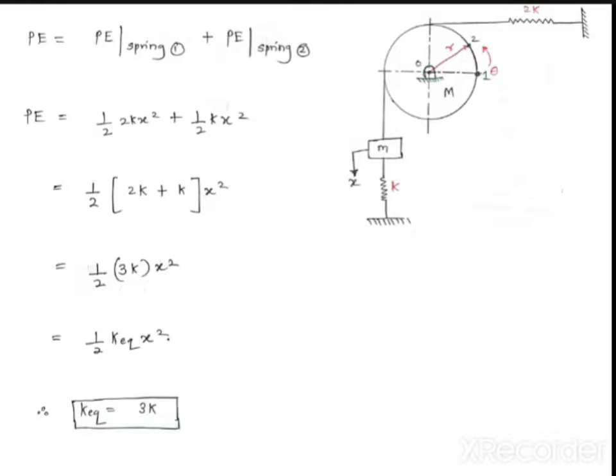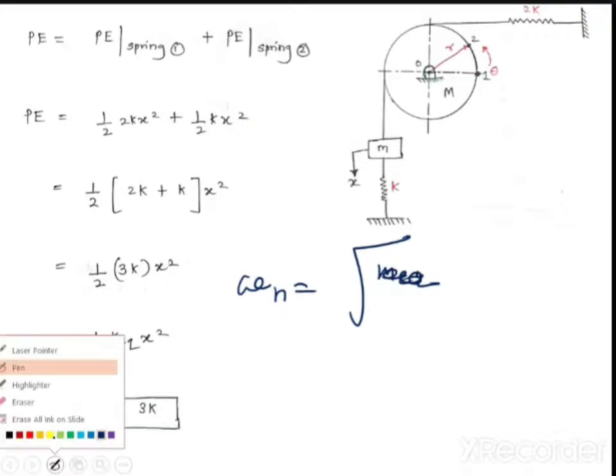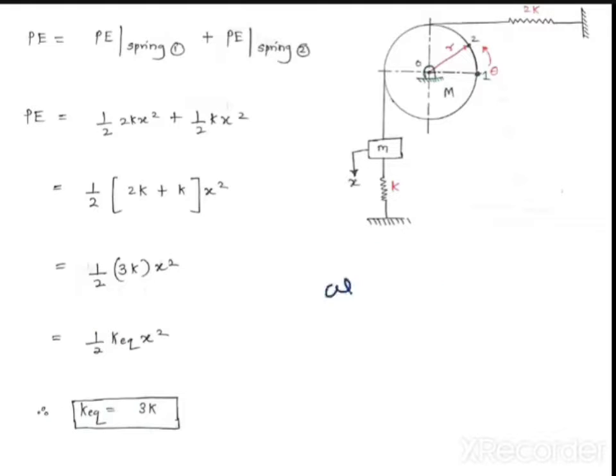Okay. Now they haven't asked you to find out the natural frequency, but if you know what is m equivalent or what is k equivalent, try to understand that omega n, that is the natural frequency. This is a new formula which I have explained: omega n is equal to square root of k equivalent upon m equivalent.